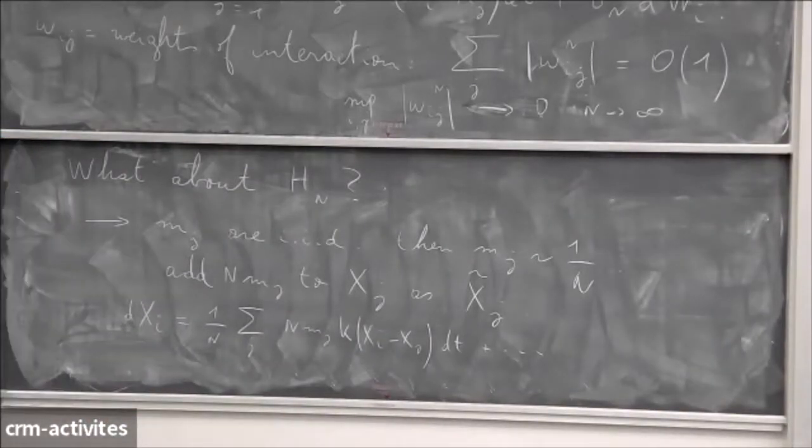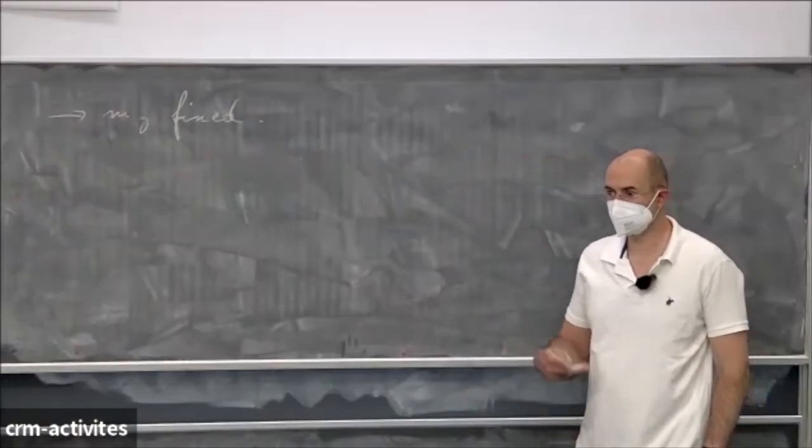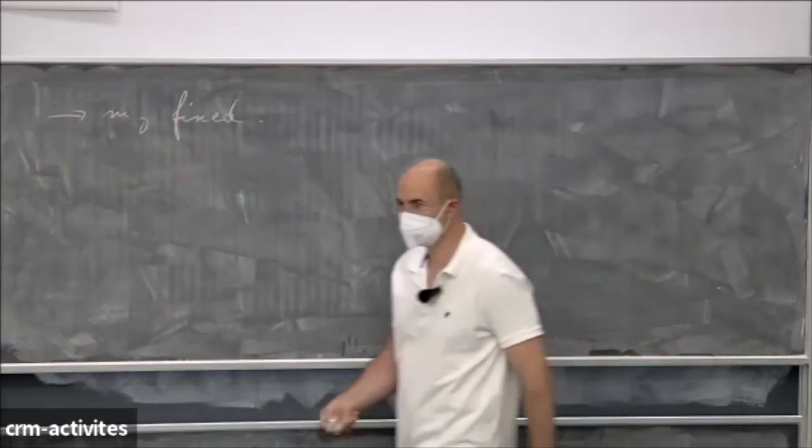What if they are fixed? Trouble. If they are fixed, now I cannot include them in the state, because if I include them in the state for the entropy, then I blow up the entropy. I'm putting Dirac masses in my initial condition.